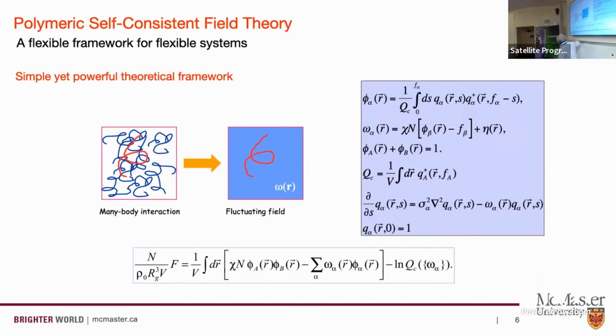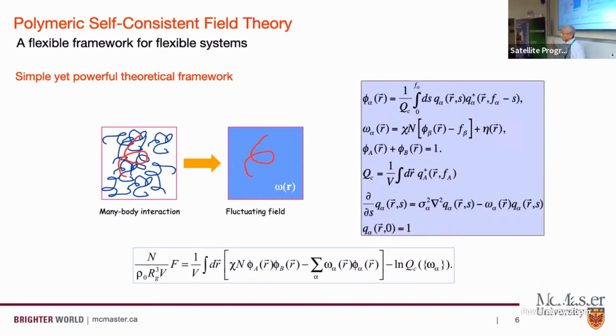What you can do is mathematically transform the same problem from the many body problem to one molecular problem in a field. Now, if you allow this field to fluctuate, your theory is accurate. There's no approximation. The approximation comes in when you minimize with respect to the field, and then you get your mean field approximation.